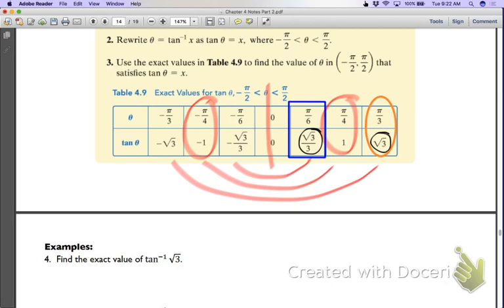I have a square root of 3 and I have a square root of 3, but what's different with pi over 6? It's divided by 3. So if it's divided by 3, it's going to be the smallest of all the angles. It's going to be that pi over 6. You have the same value, but one of them is divided by 3, so it's going to be the smaller of the two.